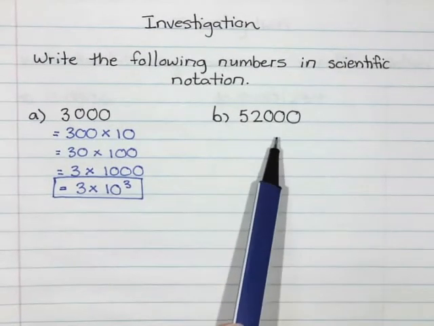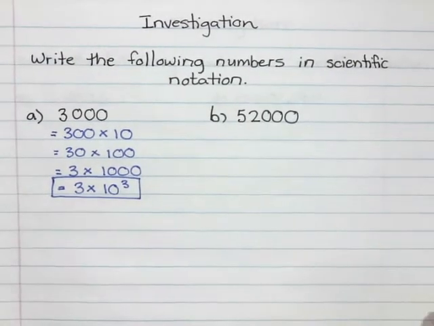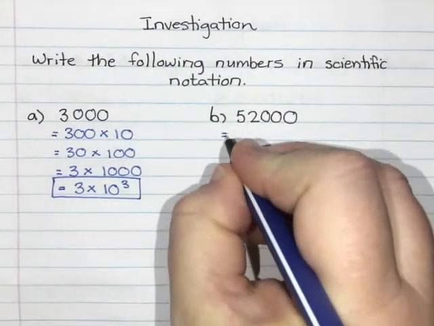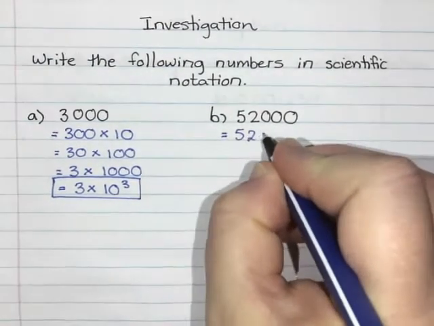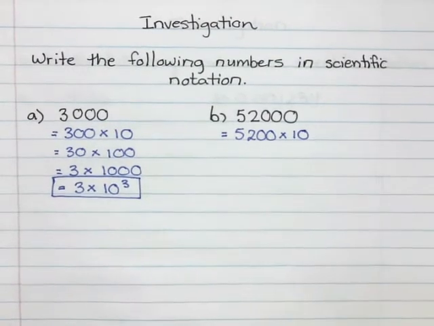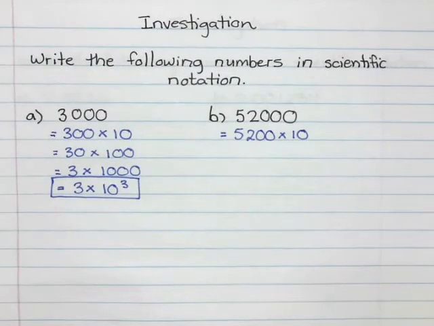I have 52,000. So I'm going to start doing the same thing. 52,000 would be 5,200 times 10. And I'm not going to check on my calculator this time, but you can if you need to.